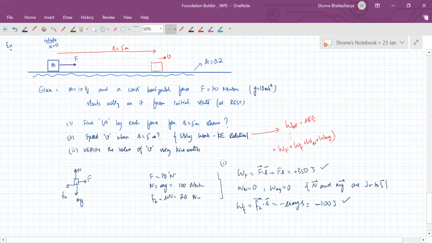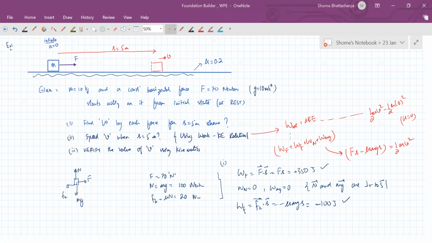These two are zero, the other two are this, and the other side it will be half mv square minus half m into 0 square, because u is 0. So this will become Fs minus mu mgs, is equal to half mv square. This kind of relation we get.